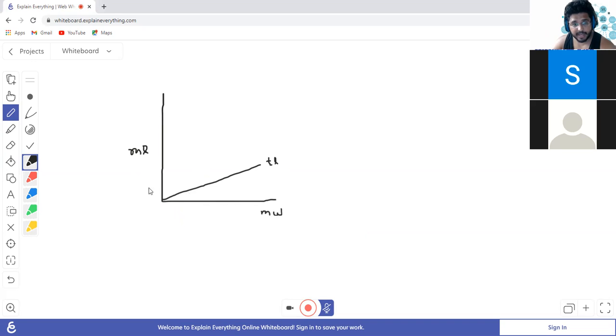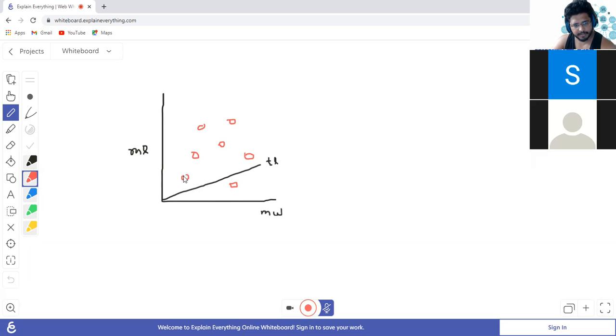Now I add one more dimension to it called tail length, and I say that based on this, I will have readings that for this mouse weight and this tail length, what is the mouse length, right? So now my points will be points in a three-dimensional space rather than a two-dimensional space.